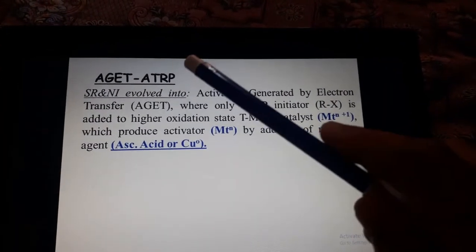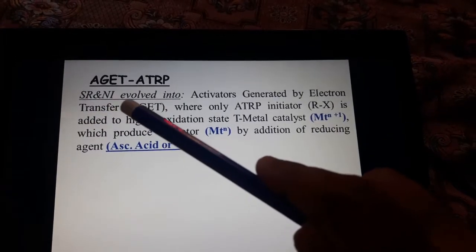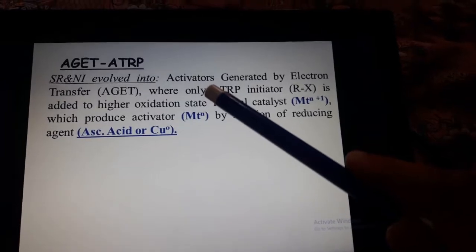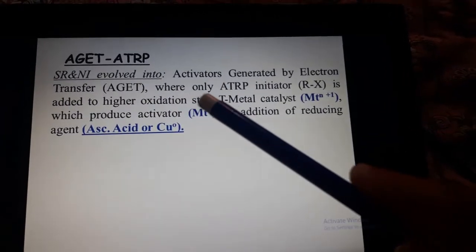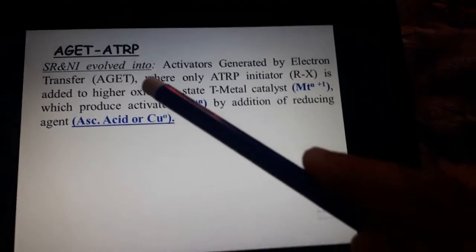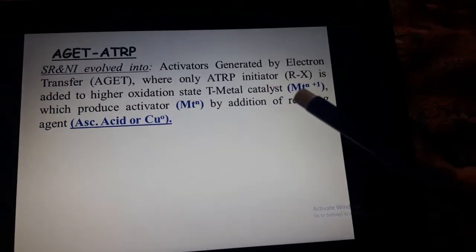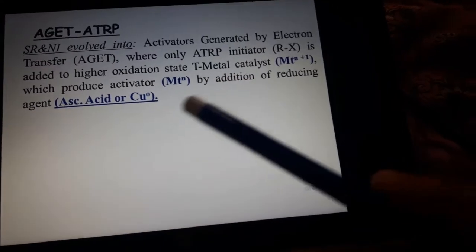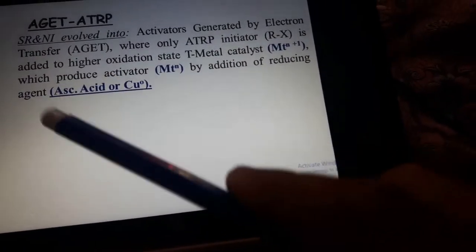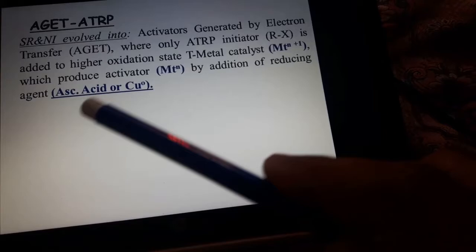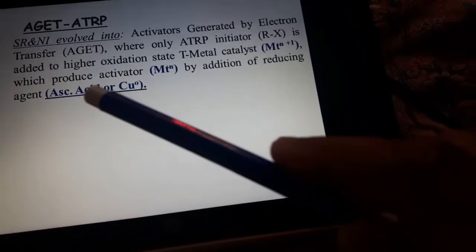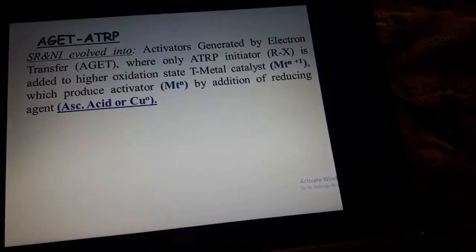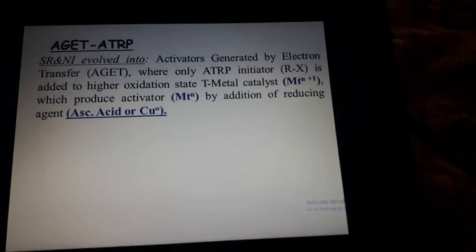This simultaneous reverse and normal initiation evolved into another area, activator generated by electron transfer, where only the ATRP initiator is added to the higher oxidation metal complex, which produces the activator by addition of a reducing agent. The reducing agent may be a chemical species, that is organic, such as ascorbic acid, or metal wires such as copper in the zero oxidation state.